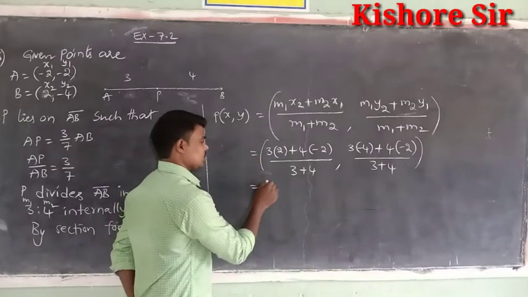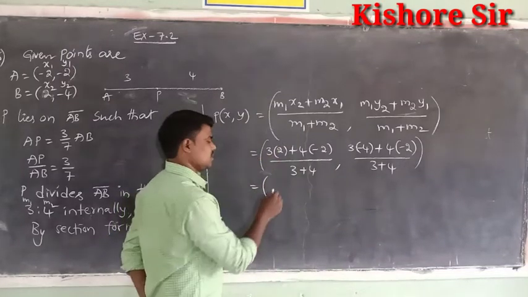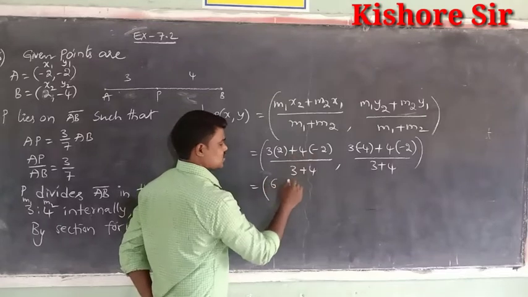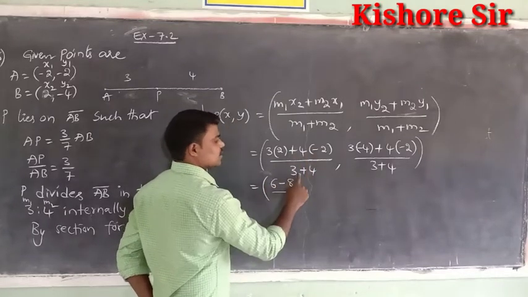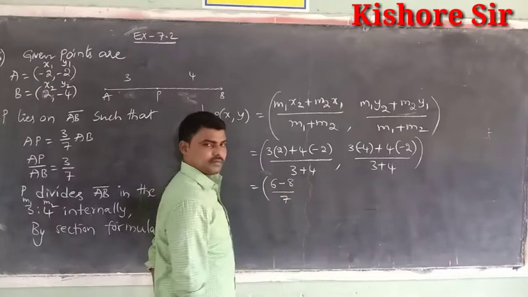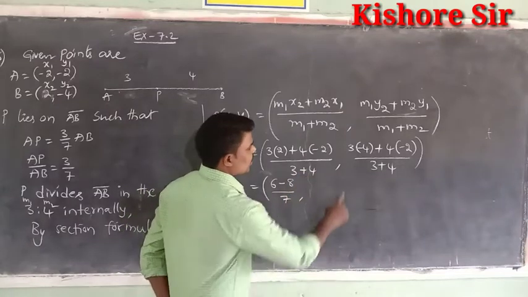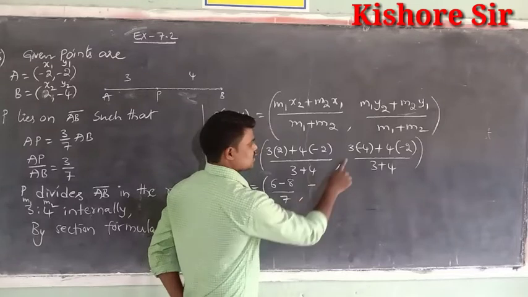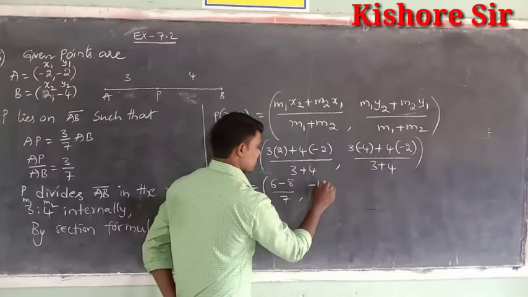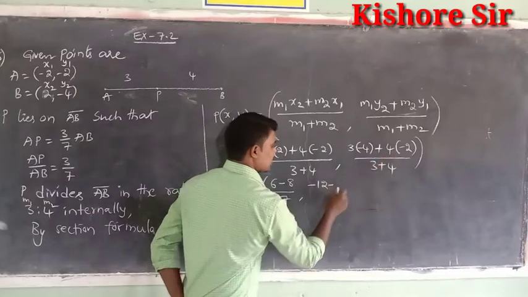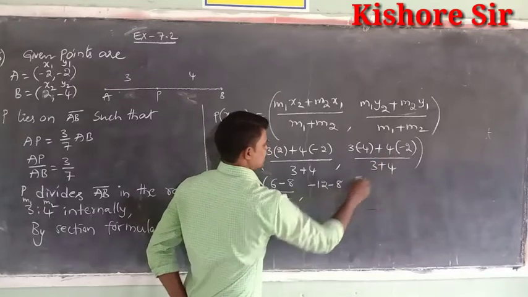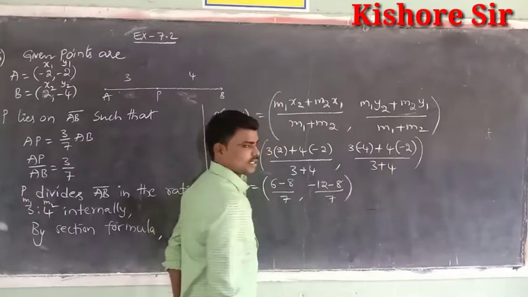So that is equal to (3 × 2 = 6, plus 4 × (-2) = -8) by 3 plus 4, 7, comma (3 × (-4) = -12, plus 4 × (-2) = -8) by 3 plus 4, 7.